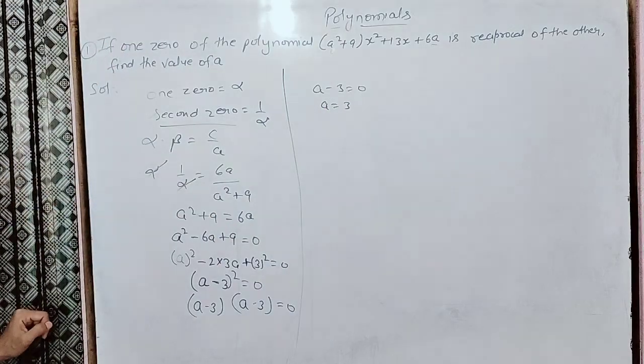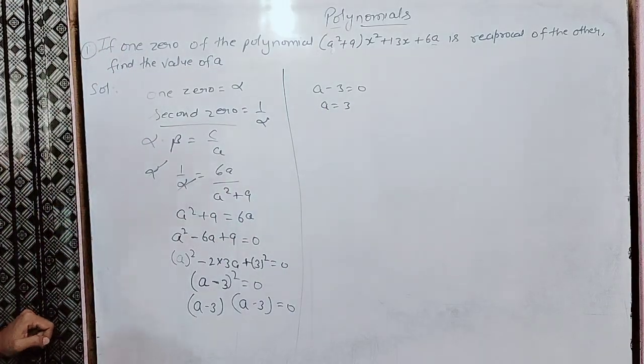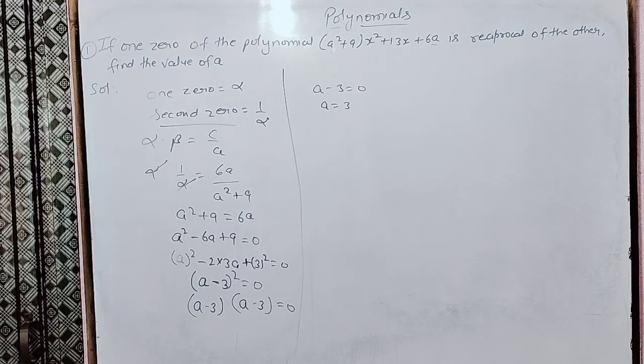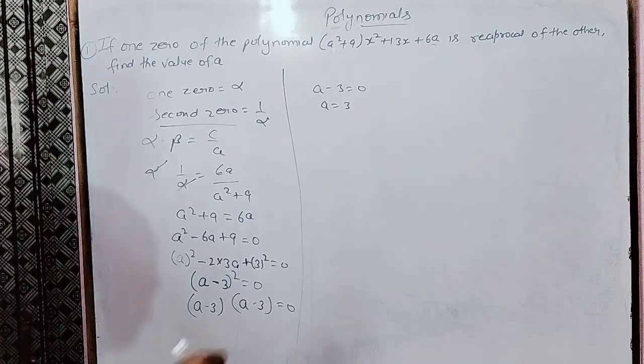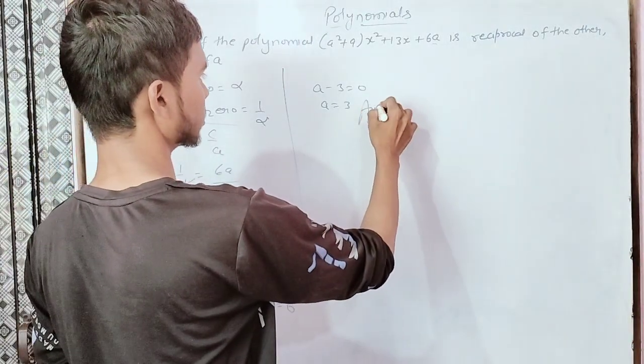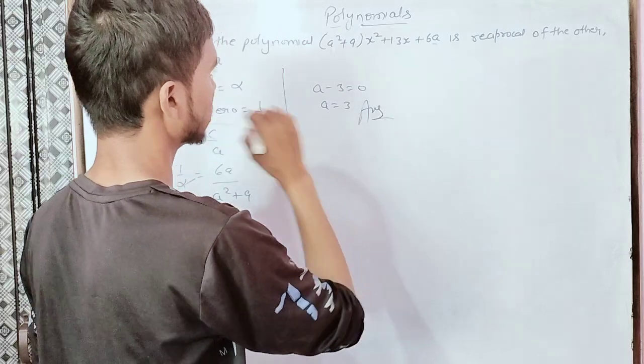So a is 3. So till here, this is correct answer. So a is 3. Clear?